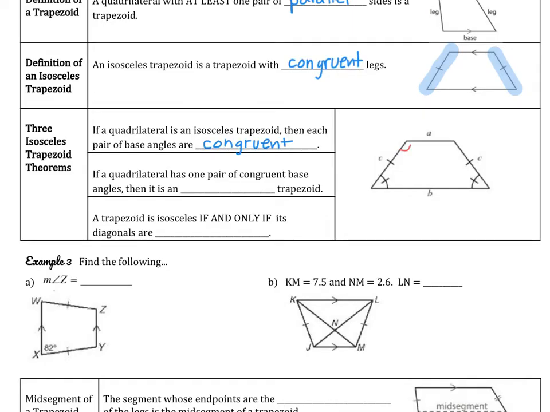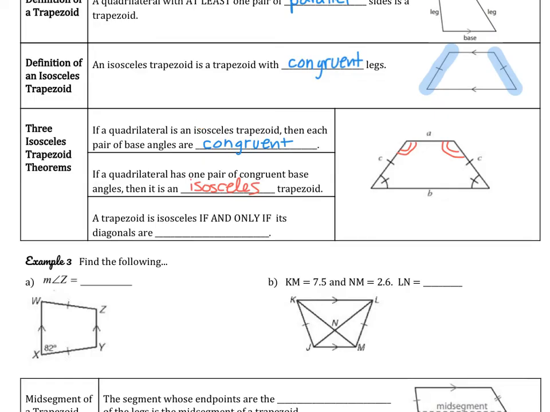We could also make the statement that these two angles would also be congruent. Our second theorem says if a quadrilateral has one pair of congruent base angles, then it is an isosceles trapezoid. So you can see that this is really the converse of the previous statement.